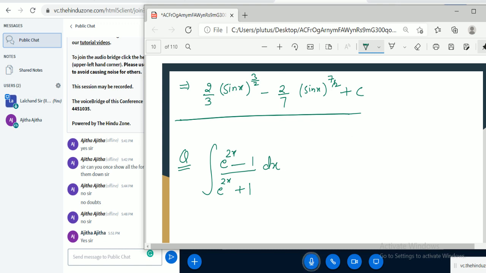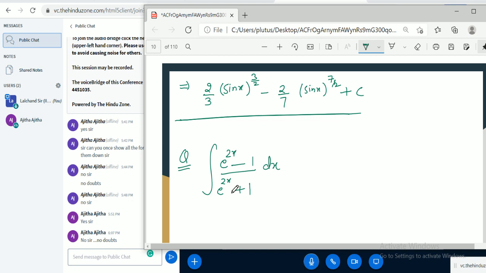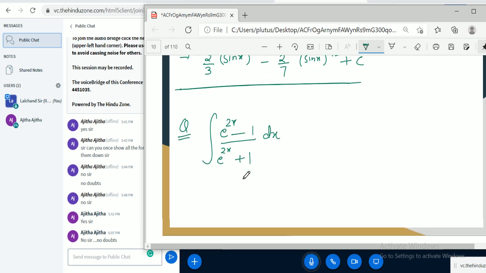Can you integrate this now? Anjita? Okay, so can you try this sum now? By substitution method, simple. So can you solve? Okay, let us try to solve.